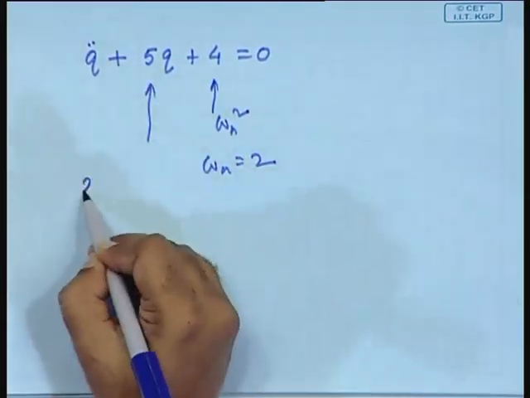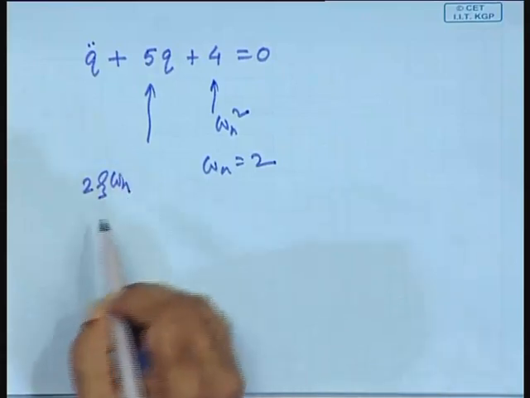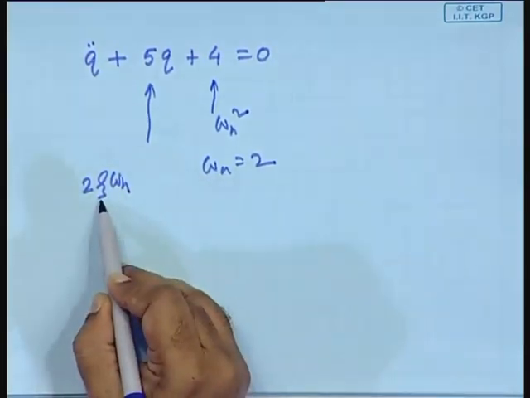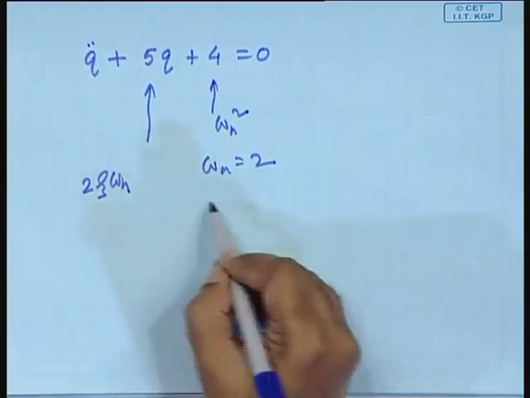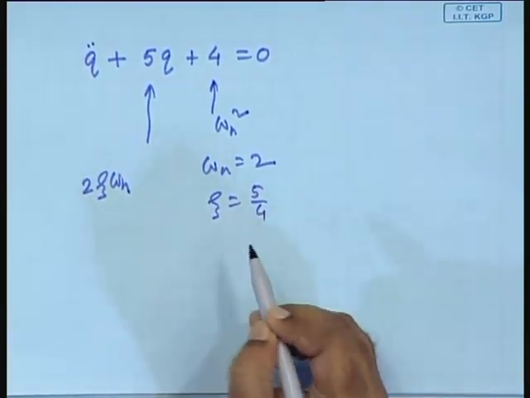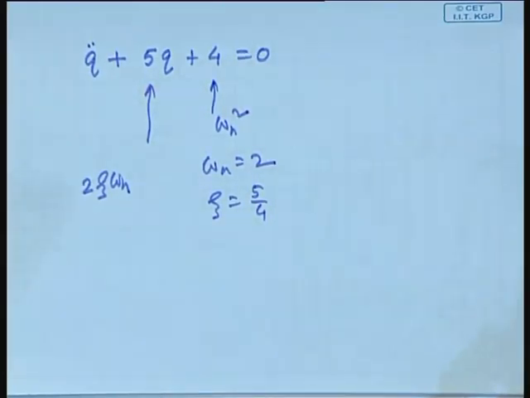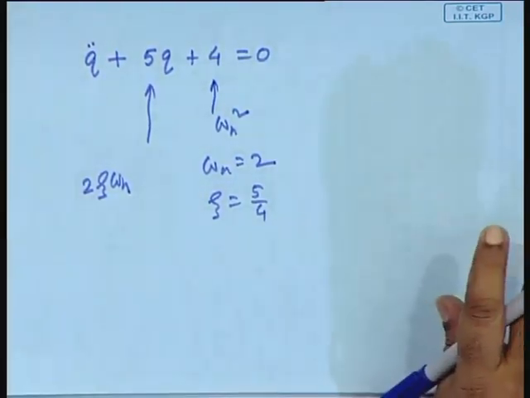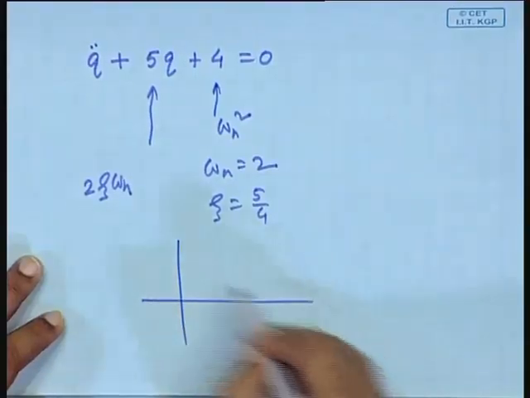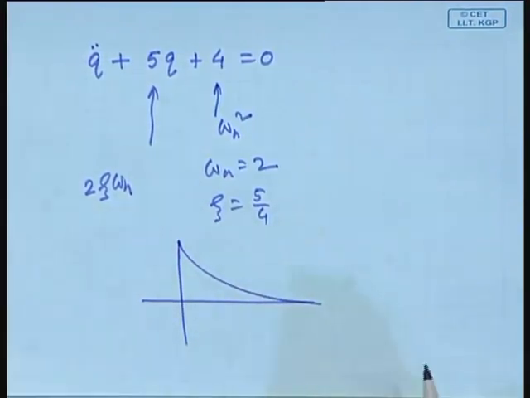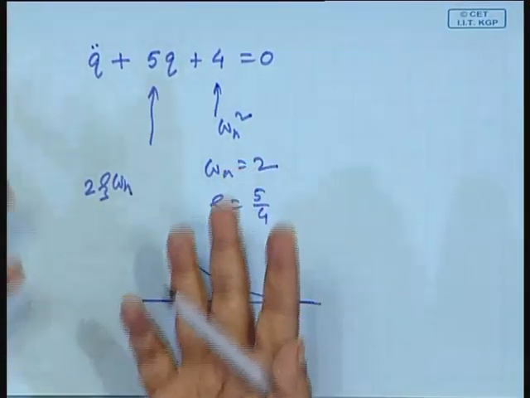This thing is twice zeta omega n, so zeta is 5 by 4. What will be the behavior then? It is greater than 1. So, it is real and distinct, and therefore, the behavior is going to be exponentially decaying. So, without solving the equation, we could directly tell.